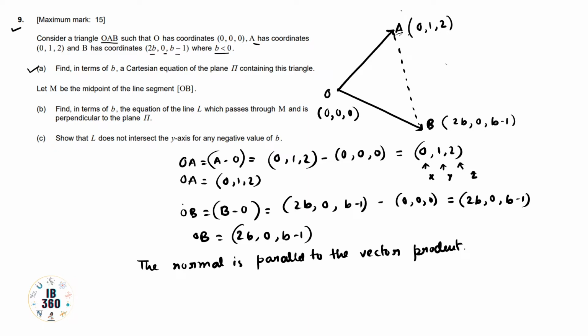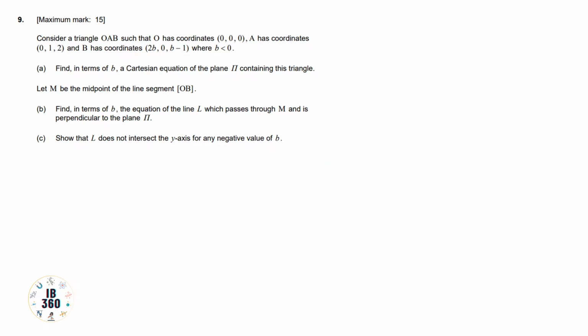So ultimately we need to find OA cross OB, because the normal is parallel to the vector product. In the next slide we will do the vector product. So OA cross OB. To find the vector product we need i, j and k.